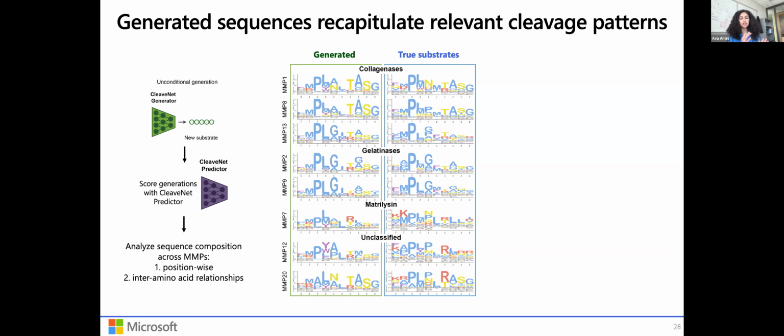And even qualitatively looking here, you can first appreciate that there are distinct sequence compositions and motifs that come up across these protease subclasses. And furthermore, that the patterns that appear in our generated sequences are matching those of the true high-scoring substrates, again, with distinction and separation across these protease subclasses.